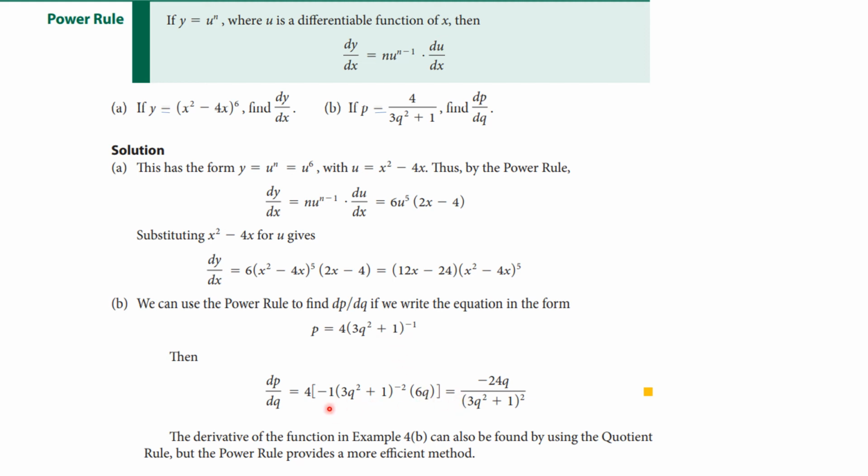After you multiply 4 with 6, we get minus 24q, divided by 3q square plus 1 whole square. So you can see how we can use the power rule to find the derivative.